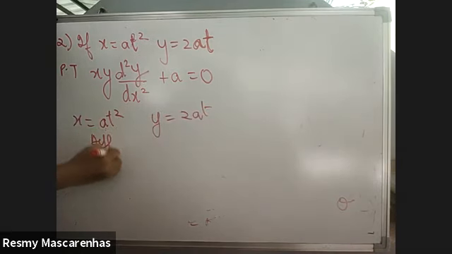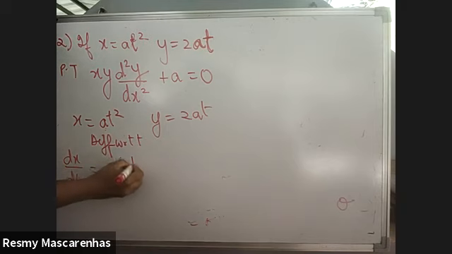So I differentiate this, dx upon dt. a will be there only, t square will be 2t. So this answer will be 2at.